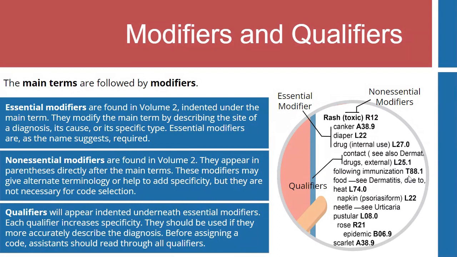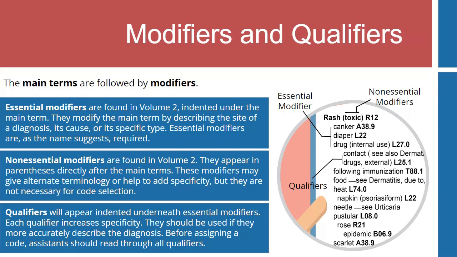Qualifiers are used to add even more information. You will see when you go take the certification, it'll ask, what do modifiers do for a diagnosis code? It makes it more specific. The more characters in a code, the more specific it is.